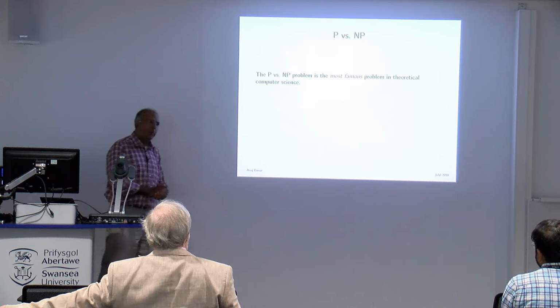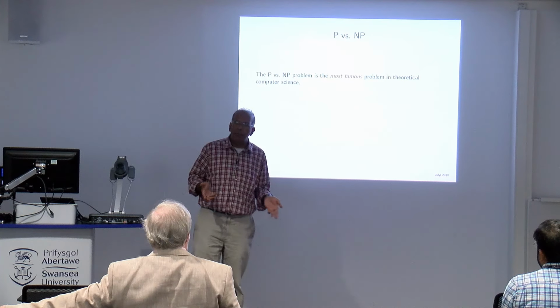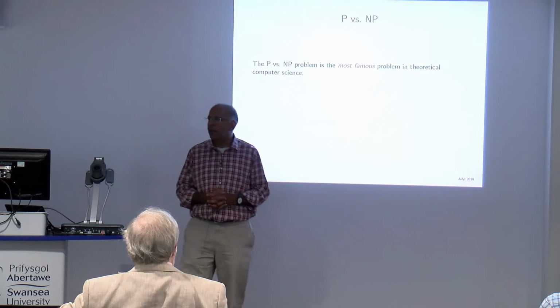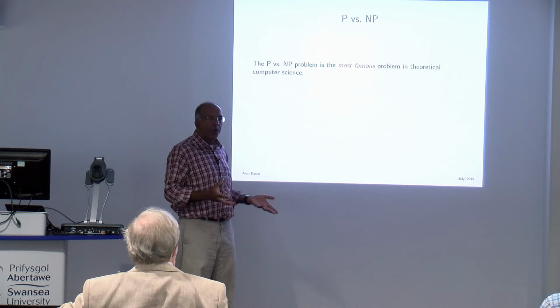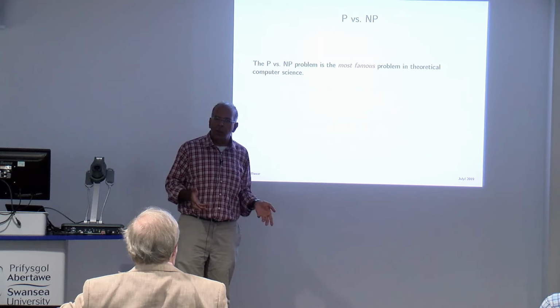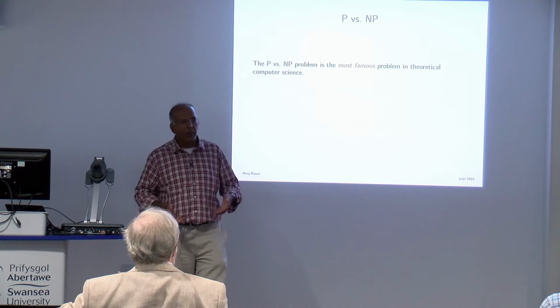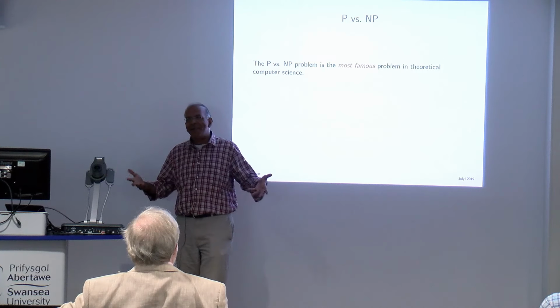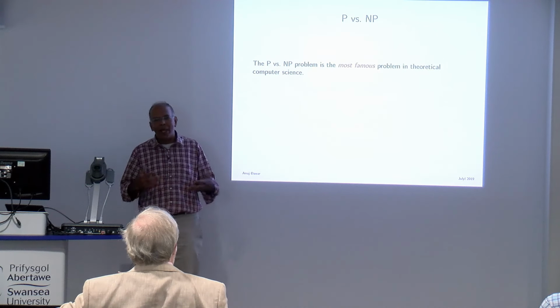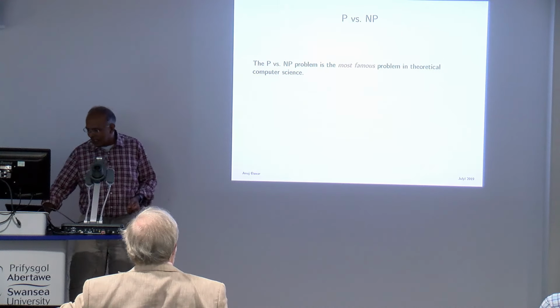Maybe the most famous question in theoretical computer science is the P versus NP question. This is the cornerstone of complexity theory, or you might call it the millstone which hangs around the neck of complexity theory, because it shows how little we actually understand about complexity theory, right?